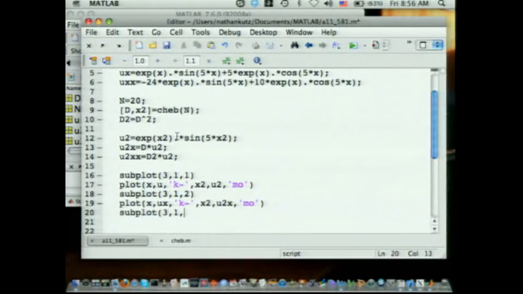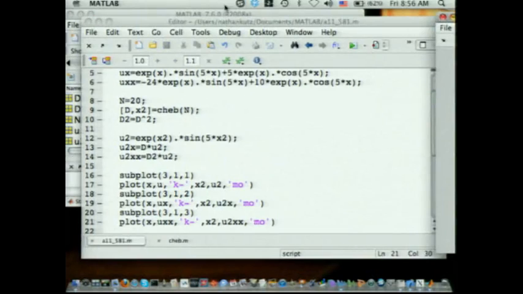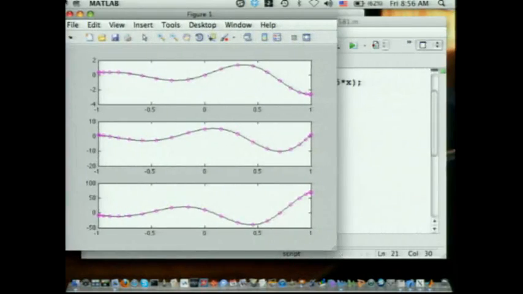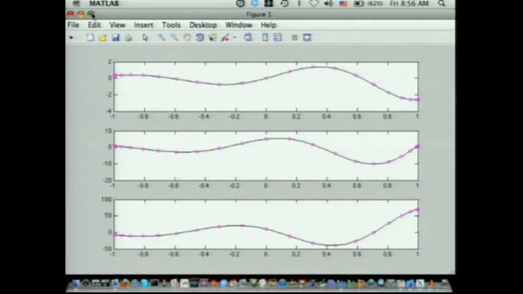Subplot 3, 1, 3. Plot x, uxx, again black line, and x2, u2xx in circles. Now we have the derivative, first derivative, second derivative. There you go, 20 points I can do this in.